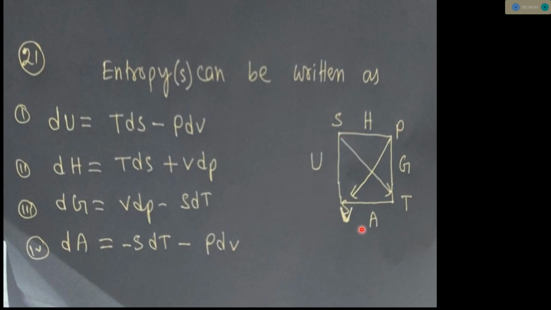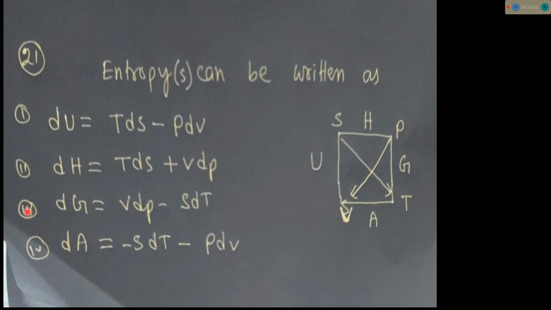From this rectangular box we can derive all the formulas, all the equations in thermodynamics. We will discuss in a separate video how we can draw from this one rectangular box all the equations of state of thermodynamics, all the Maxwell relations, all the thermodynamic equations.